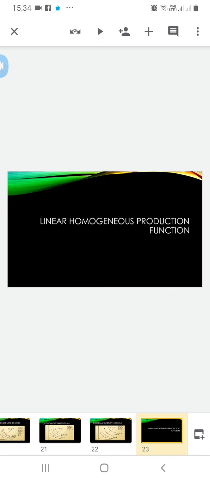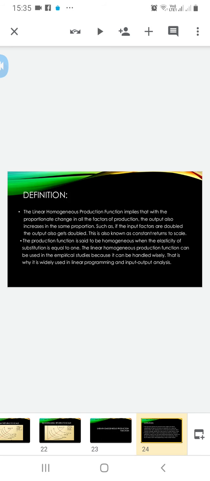The above relation shows that if factors K and L are increased n times, the total production also increases by n times. Thus, linear homogeneous production function of first degree denotes constant returns to scale.